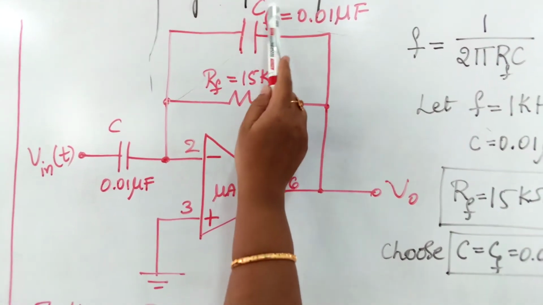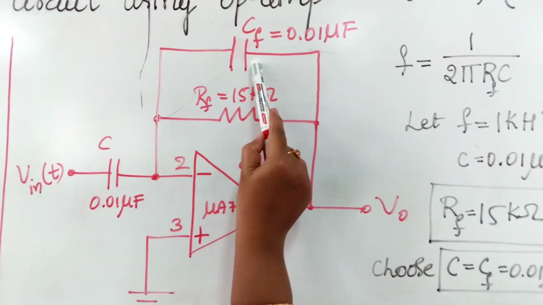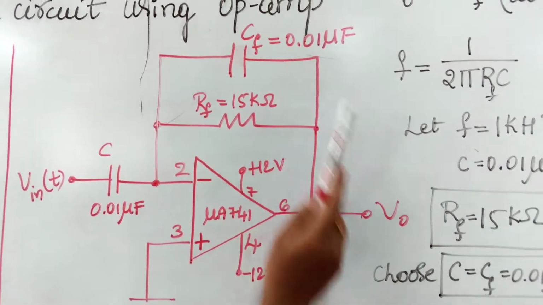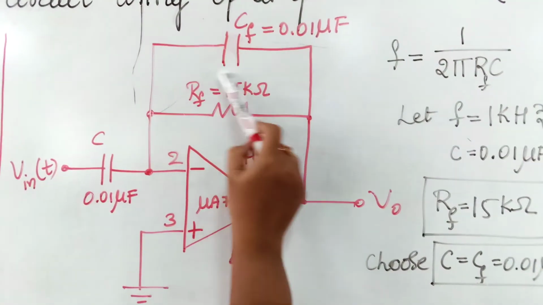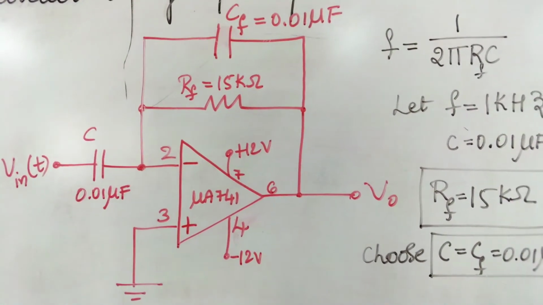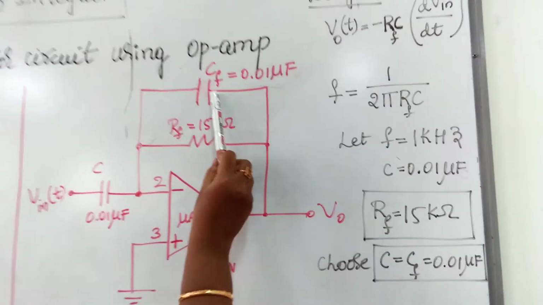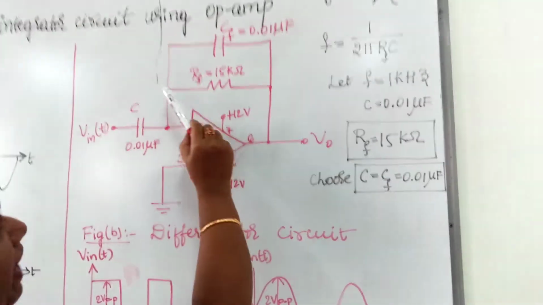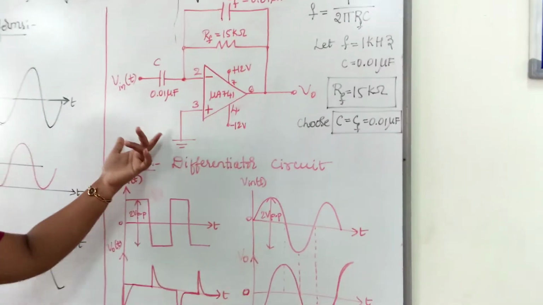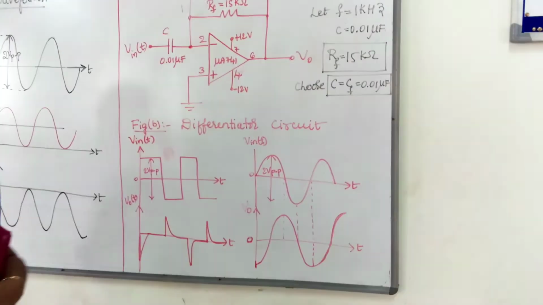This feedback capacitance provides stability and reduces the noise in the output. So this is the differentiator circuit.